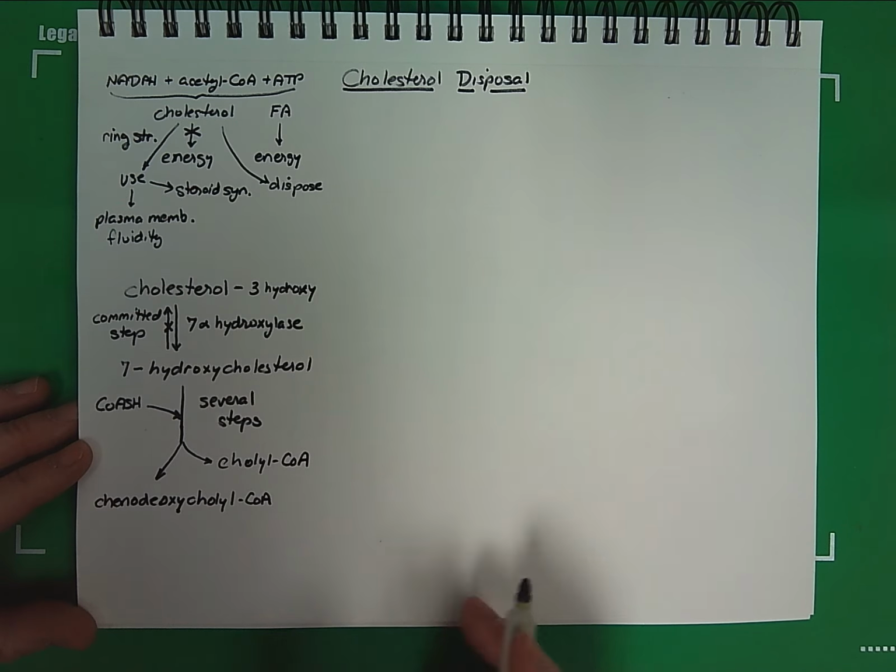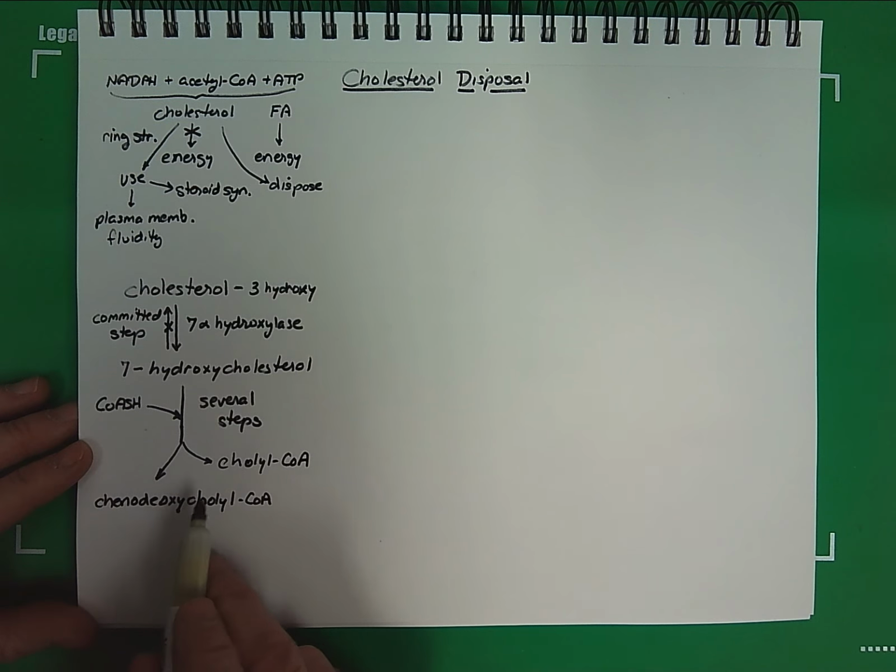The only difference between these two structures is one hydroxyl group. So the cholyl group has a third hydroxyl group in addition to the number 3 and number 7. The chenodeoxycholyl lacks this hydroxyl group and only has hydroxyl groups on 3 and 7. The differences in structure and properties of these is not that important, but just to know that these are the two products, intermediates of cholesterol degradation.